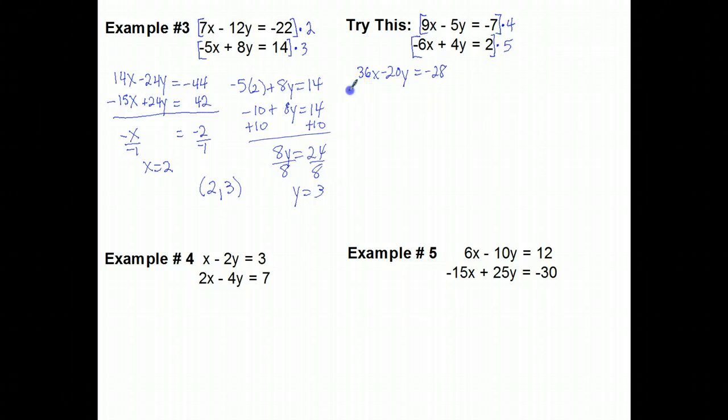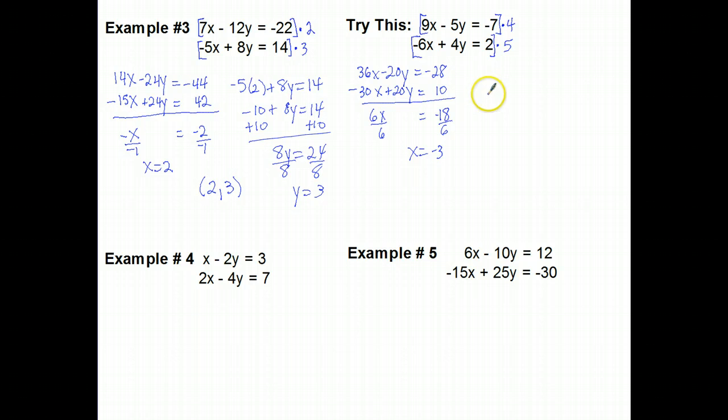And the bottom equation, negative 30x plus 20y equals 10. We add and we get 6x. The y's cancel or eliminate like we planned, equals negative 18. We divide by 6, and x is equal to negative 3.